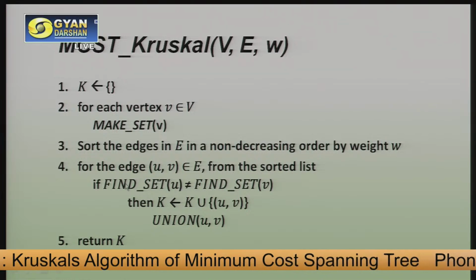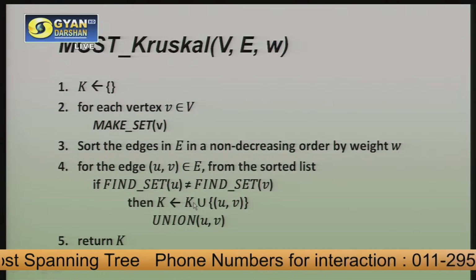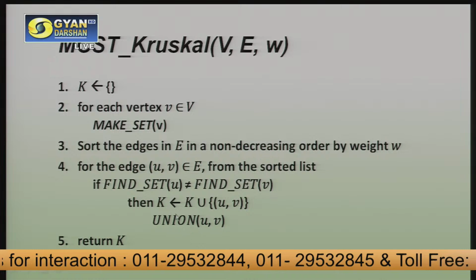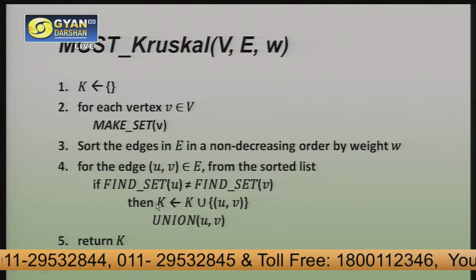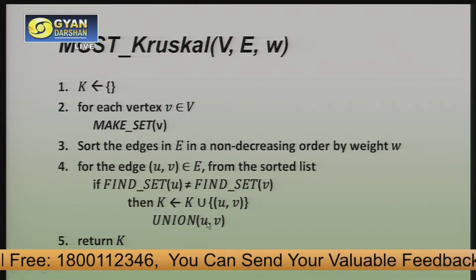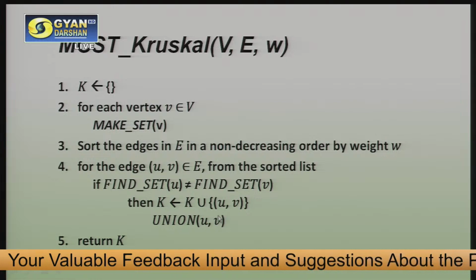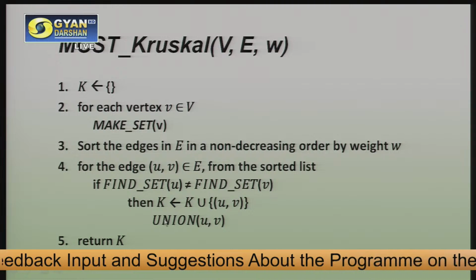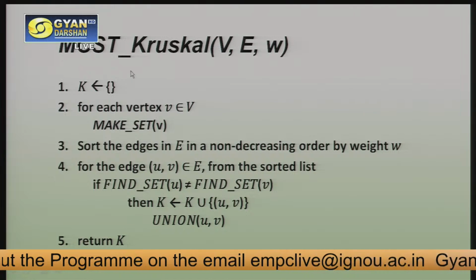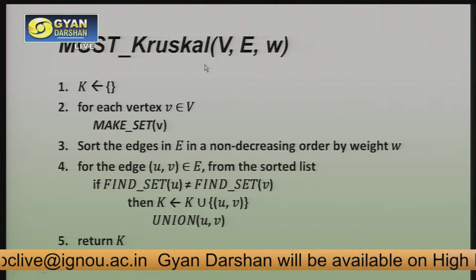If the set of U is not the same as the set of V, then we will add the edge to the minimum spanning tree. We will make a union of the set of U and the set in which V was. And finally, when all this process is complete, we will return K, which happens to be the minimum cost spanning tree using Kruskal's algorithm.